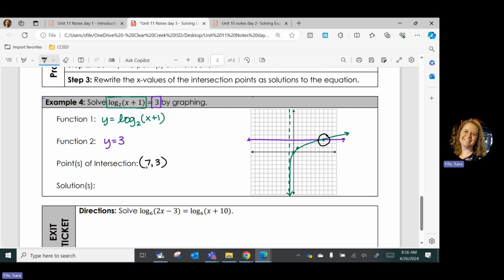What variable? X. So that's why up here in step 3, it says rewrite the X value of the intersection as the solution. So it's X equals 7. That right there is your solution, the X value.